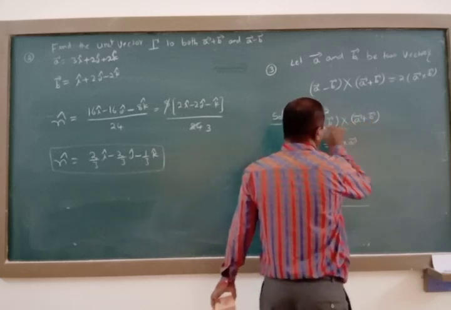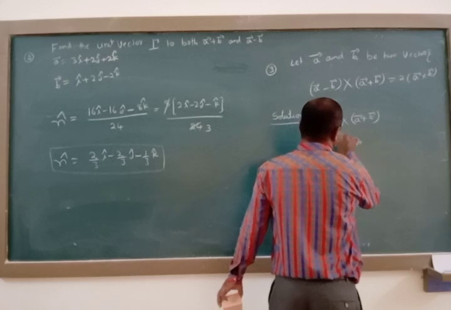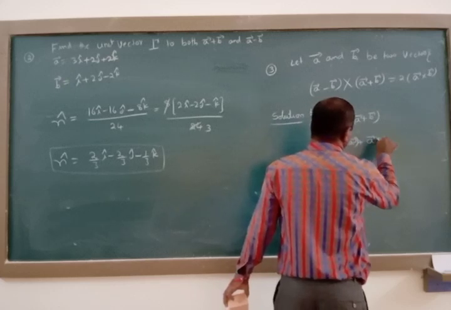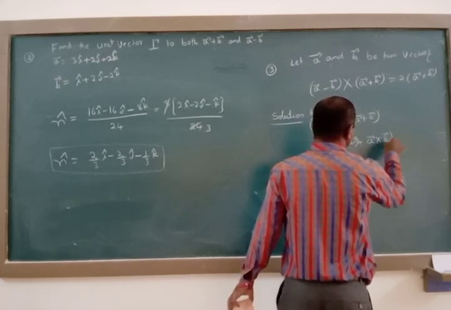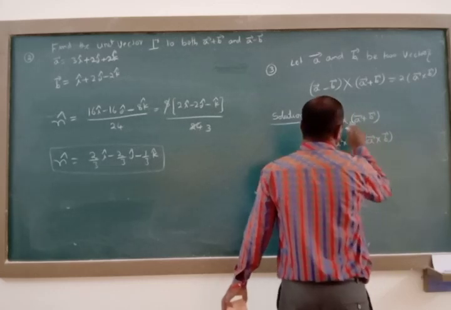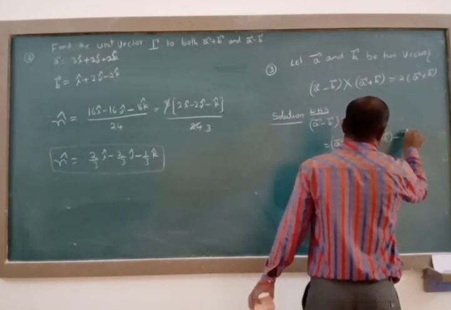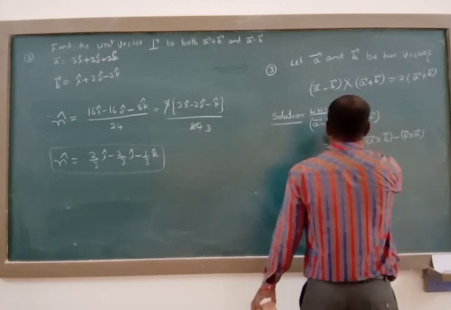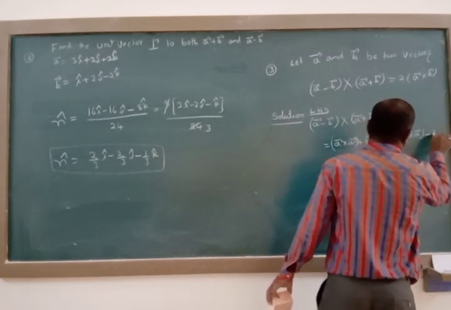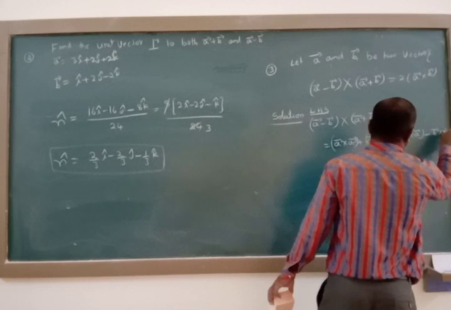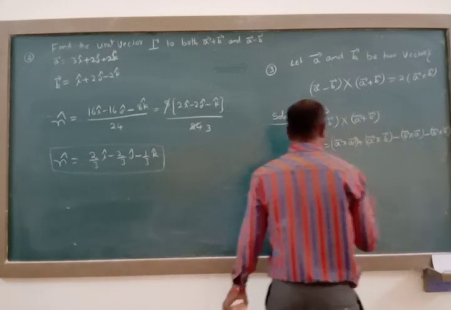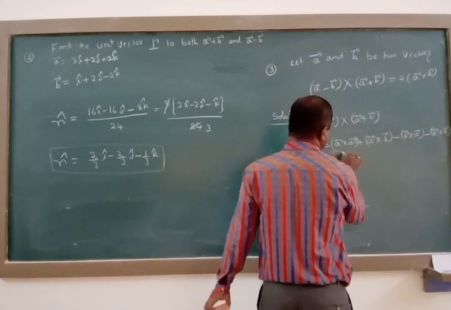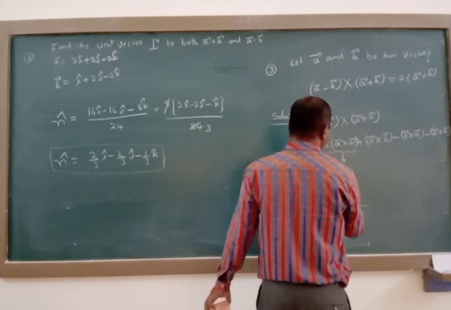Next, plus a bar cross b bar, minus b bar cross a bar, minus b bar cross b bar. Whenever the cross is between the same vectors, its value becomes 0.